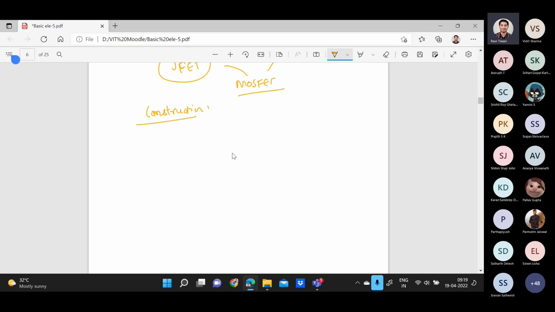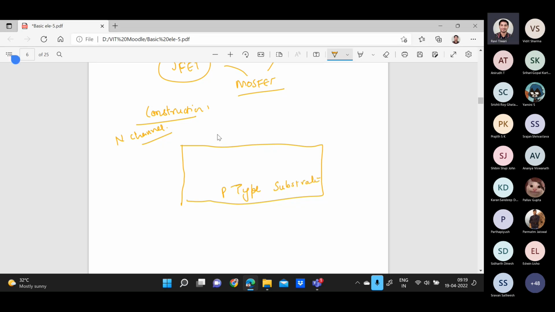Construction is similar to FET, but only what will happen, I'm just drawing it. Here I'm drawing the N channel. Again, N channel MOSFET and P channel MOSFET will be there. In the N channel MOSFET, you have to take the P type substrate here.